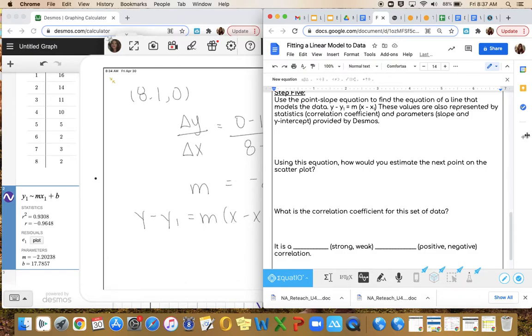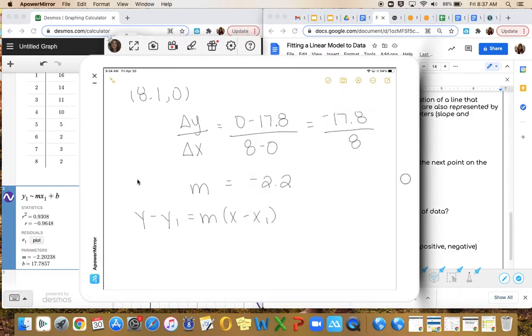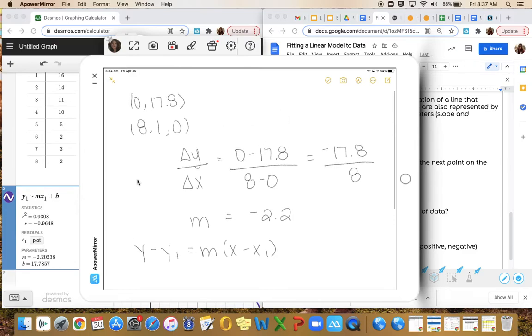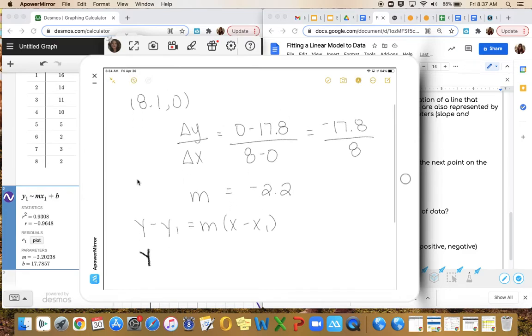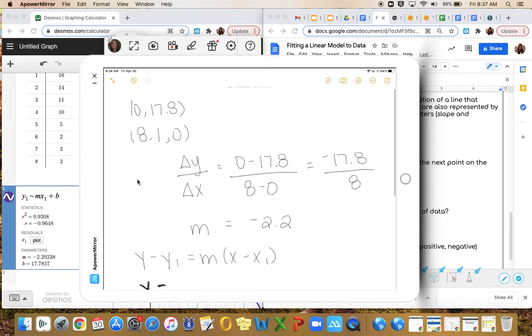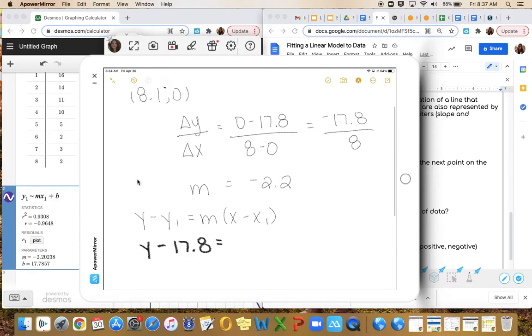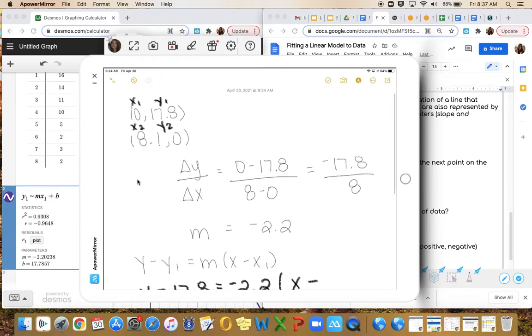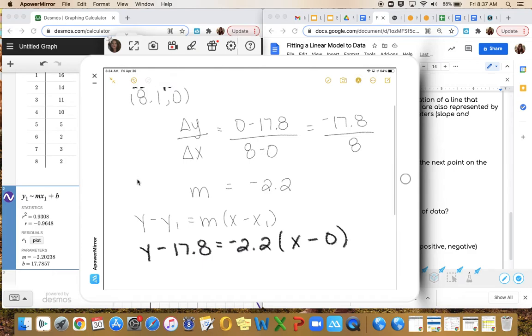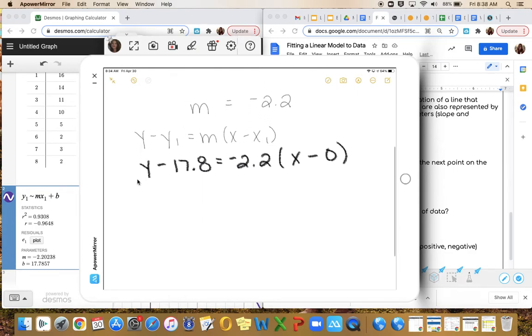So let's use this information. y minus y1, so we're going to say 17.8. This is x1 and y1, x2, y2. Okay, so y1 would be 17.8. We found our slope, so that is negative 2.2. Then times x minus x1, and x1 was 0. Okay, so this is your point slope form.